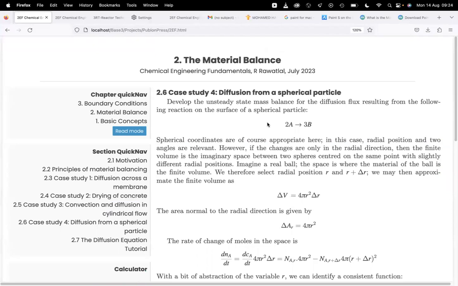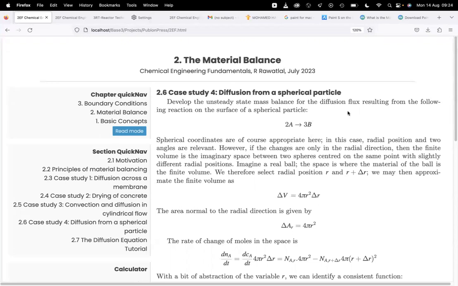The first one was a slab, with rectangular geometry: X, Y, and Z. The second one, flow in a pipeline, has cylindrical geometry: R, Z, theta. We didn't really talk about theta, the angle, but R and Z are what we emphasized here. Then the third case has a spherical particle.